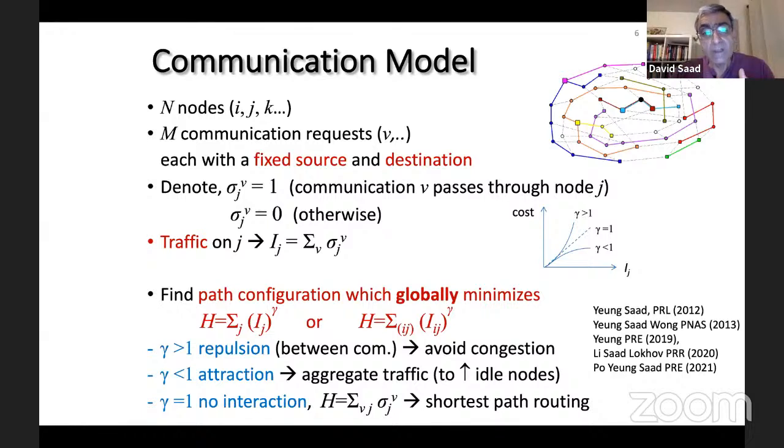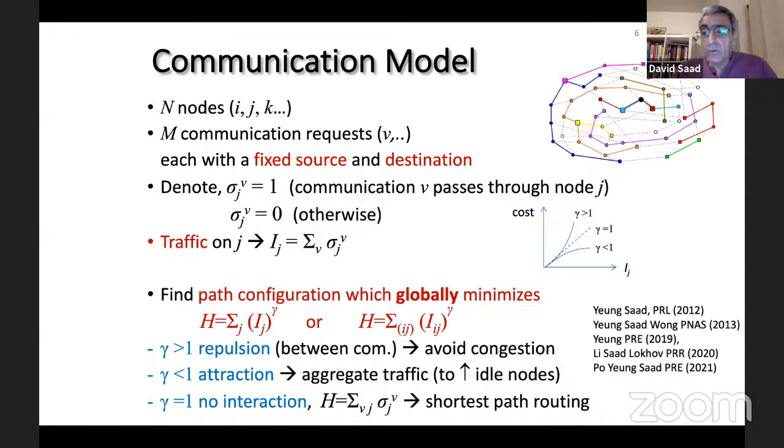Gamma being smaller than 1, between 0 and 1, is exactly the other way around. It's a concave function. And in this case, you are aggregating traffic in order to reduce the number of active edges. Now, we've had many papers over the years on routing, and this is a partial list on the right.